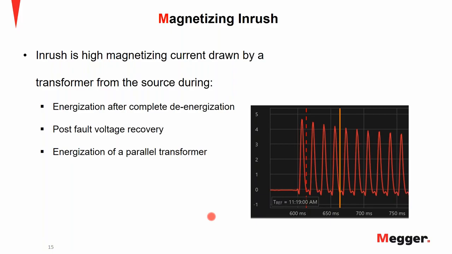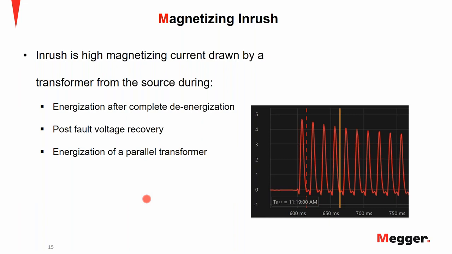The other one that I don't have listed would be, depending on where it's at in the system, if your transformer is closer to the generator, there's not a huge amount of resistance between the transformer and the generator. At that point, you could see a very high amount of current for a longer duration of time.